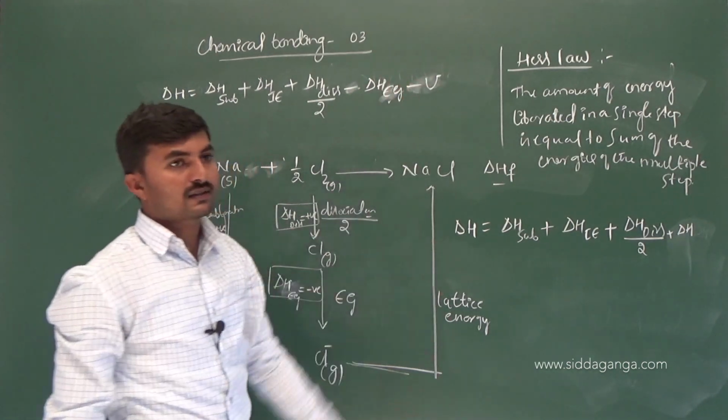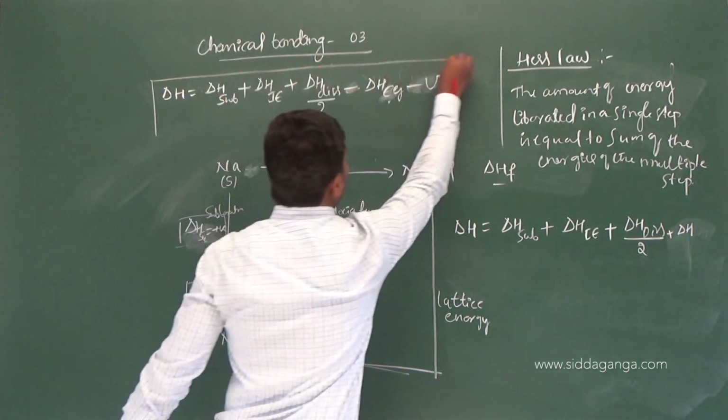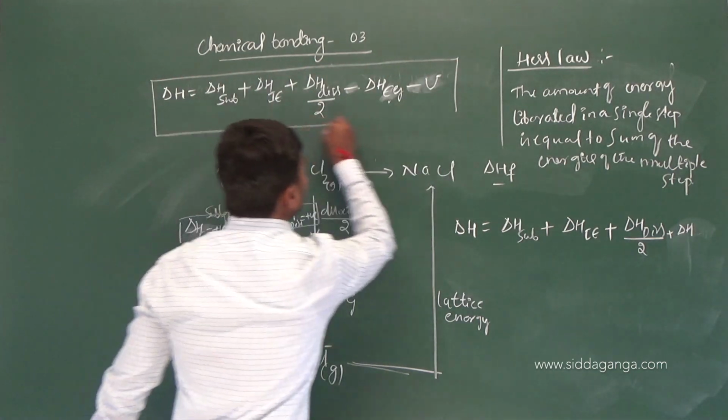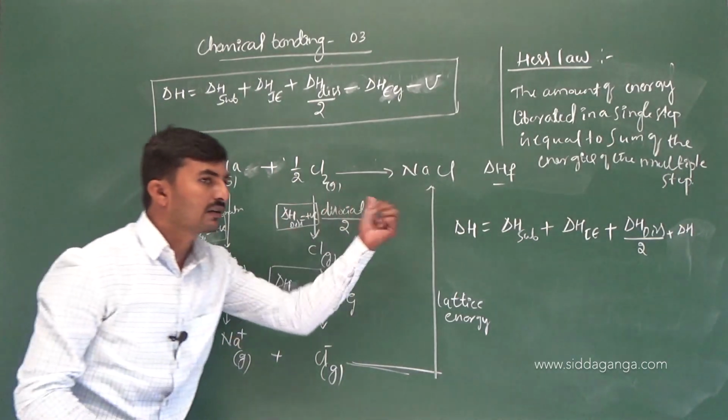That is why it carries a negative sign. Okay, next, this is how we can calculate the lattice energy of ionic compounds.